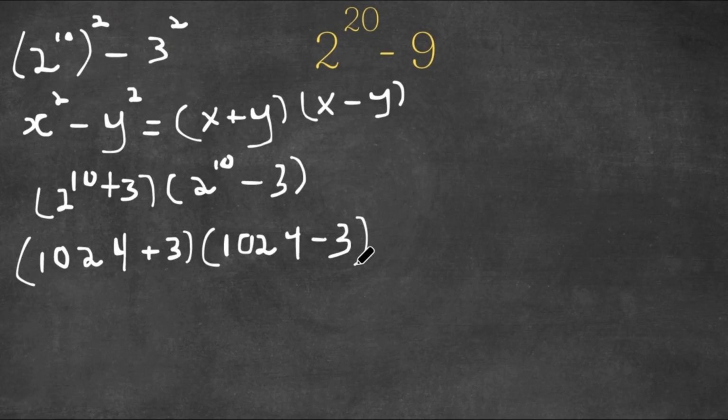Now, 1024 plus 3, well, that's 1027. So we have 1027 times 1024 minus 3 is 1021.